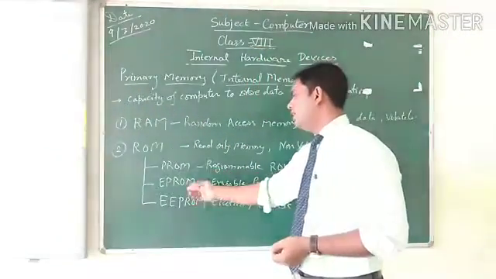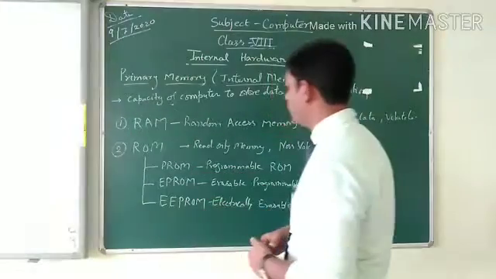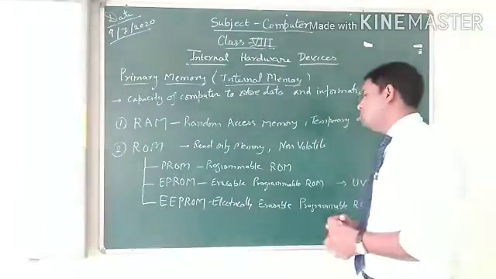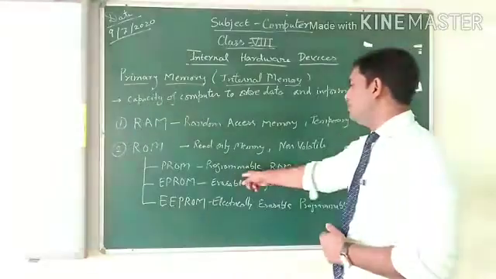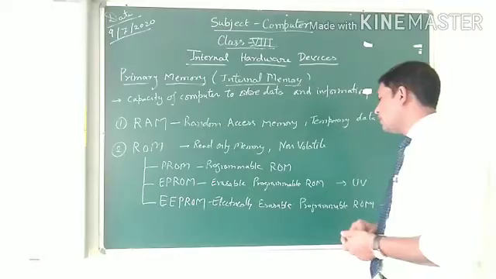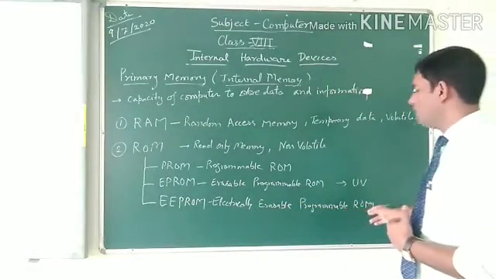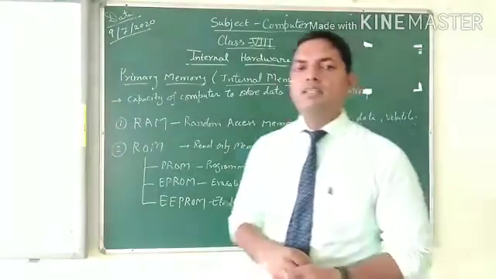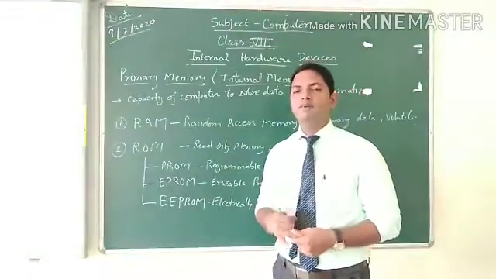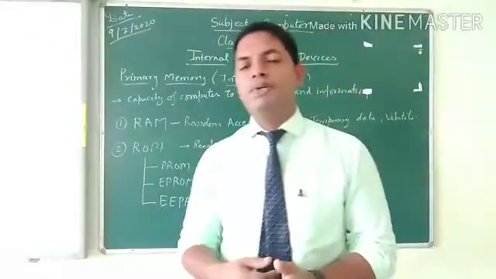ROM is defined in 3 other forms: PROM, EPROM, and EEPROM. PROM is programmable ROM, EPROM is erasable programmable ROM, and EEPROM is electrically erasable programmable ROM. These types of ROM, that is read-only memory, are used in the computer.